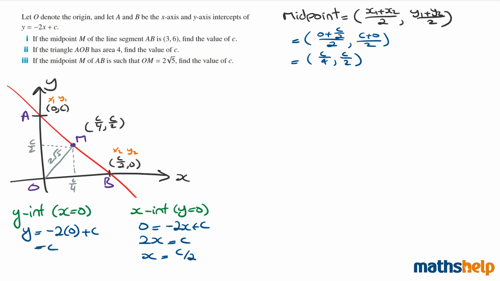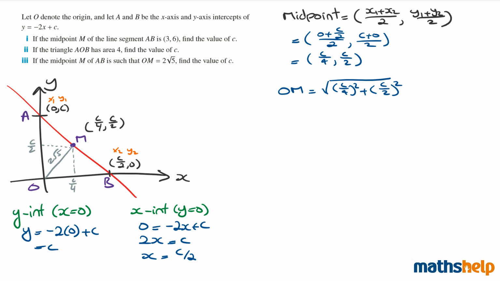So using Pythagoras' theorem, we can set up an equation with c. So we can say that the length OM is going to be the square root of c on 4 squared plus c on 2 squared.